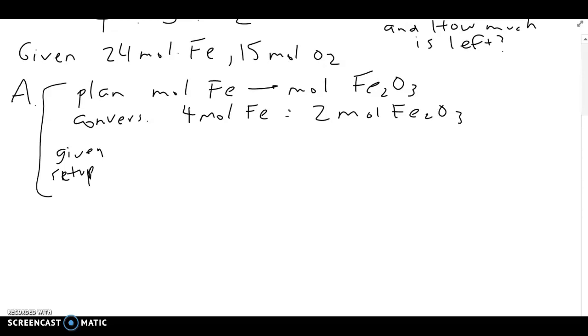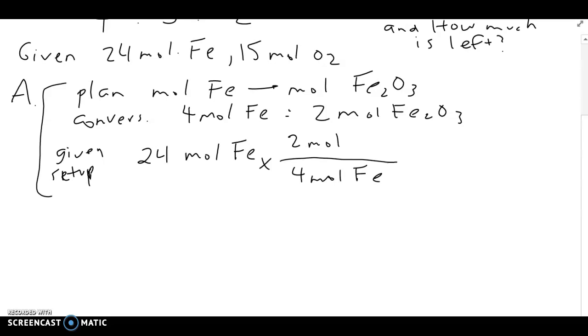Then our given and our setup. Our given is 24 moles of iron. We have 1 arrow in our plan, 1 equals in our conversion, 1 conversion, so therefore we're going to have 1 fraction. That's 4 moles of Fe on the bottom and 2 moles of Fe2O3 on the top.